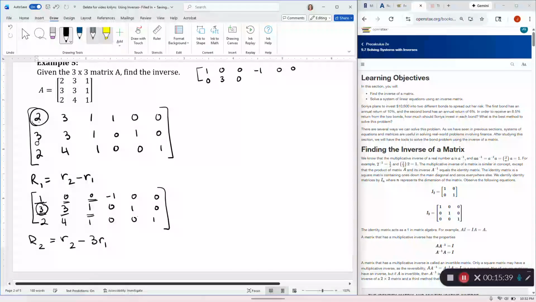The same thing again. 1, 0 plus 3, 1 minus 0, 0 minus 0. Okay. I didn't change the third.